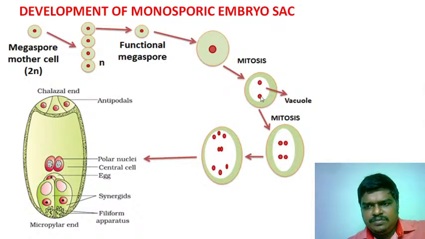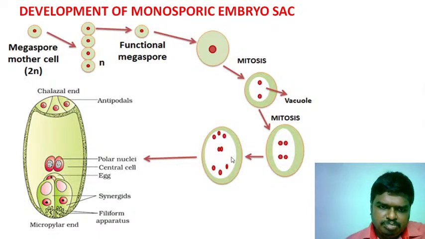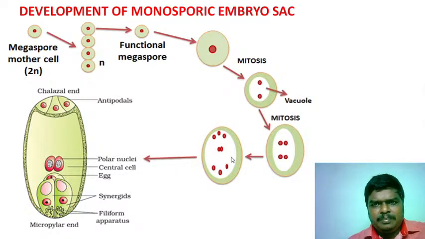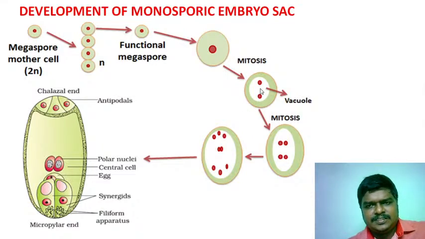The nucleus divides. 2 nuclei. 2 become 4. 4 become 8. One functional megaspore undergoes mitosis and becomes 2 nuclei.